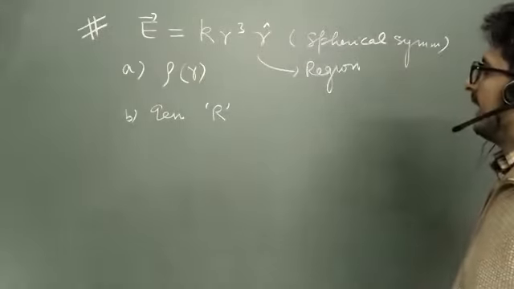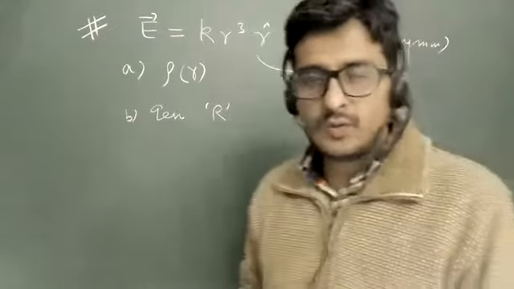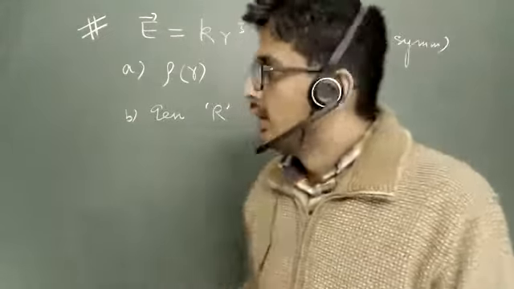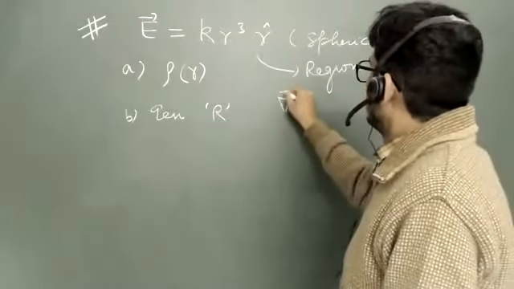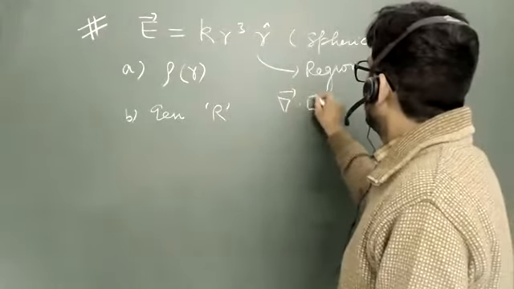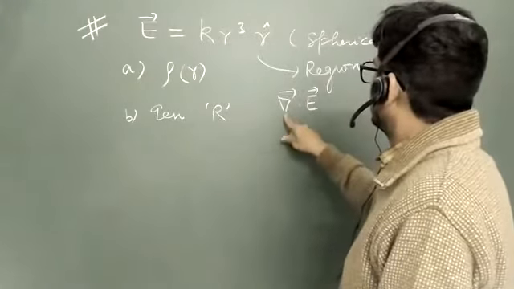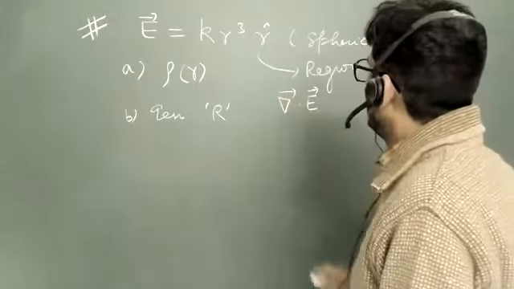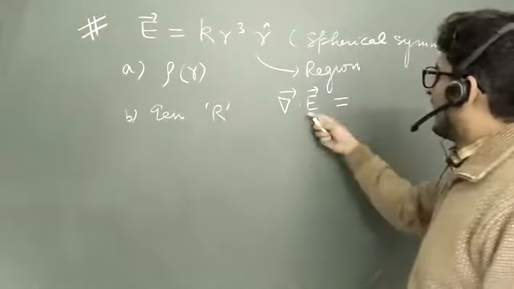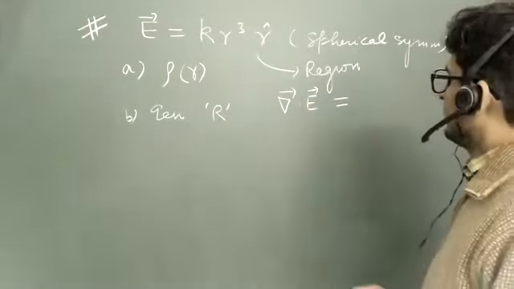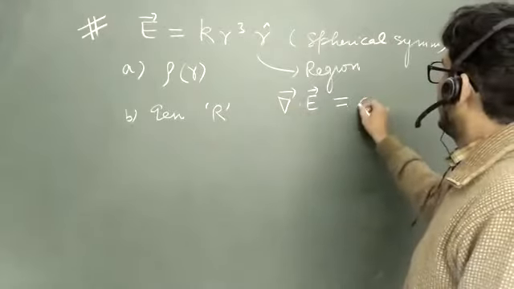So here I want to introduce you to the dot product, which I have already told you. When you see the dot product, it is simply the dot product of two vectors, this del and this electric field, right? So in simple Cartesian coordinate system, it is very simple to write.